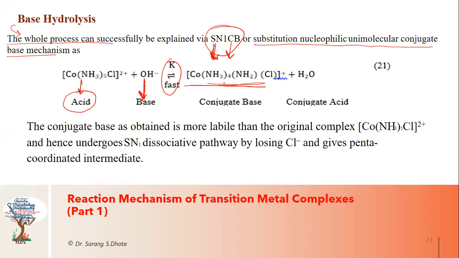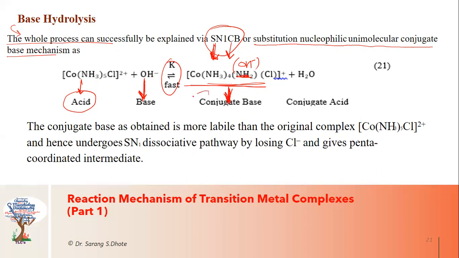Your NH3 4, यहाँ पर NH3, यहाँ पर 4. तो this one is the conjugate, ये आपका conjugate base है. तो दूसरा जो है वो क्या हो सकता है, conjugate acid.